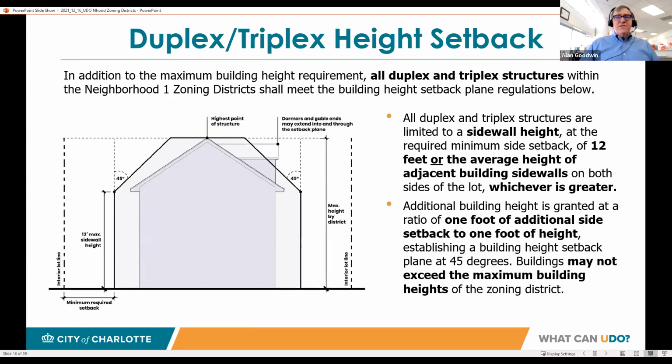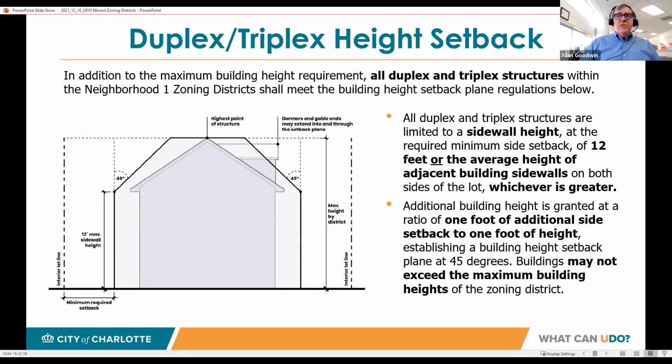If they're one-story houses, then chances are your duplex or triplex is going to be limited to a 12-foot sidewall height. If you're building an infill building in a neighborhood of 2 or 3-story houses, then you would be able to exceed that 12 feet. You would just average the sidewall height of those houses on either side of you.